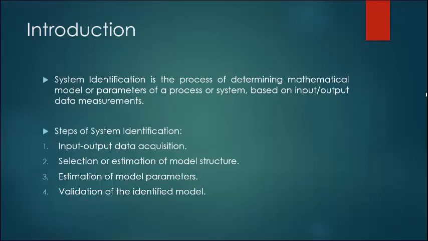The third step is basically calculating the parameters of that model. So we need to precisely and accurately define the constants and the parameters that affect the system response and behavior. And the last step is to verify that this model is actually right.